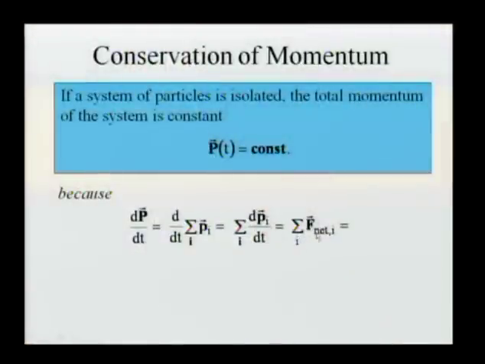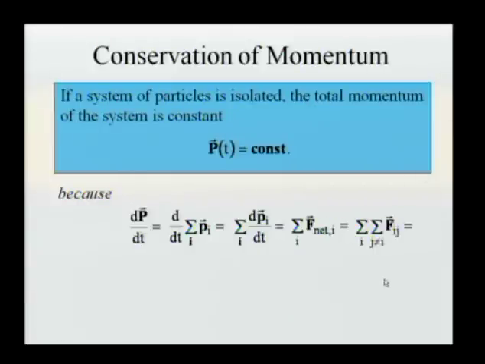For a particle, net force. So here I have derivative of momentum of ith particle. Think about that i is number 3, I'm watching particle number 3. If i is 7, I'm watching particle number 7. Now, the net force on the seventh particle is equal to the rate of change in momentum of that particle.